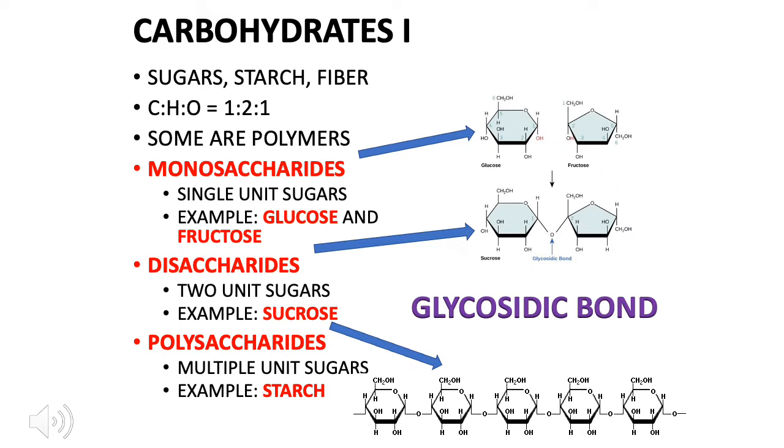But in living organisms, we find carbohydrates, we find lipids, we find proteins, and we find nucleic acids. And our job is to identify and describe these different classes and do further analysis of what they look like and what sorts of compounds we find in each group and what they do for us.